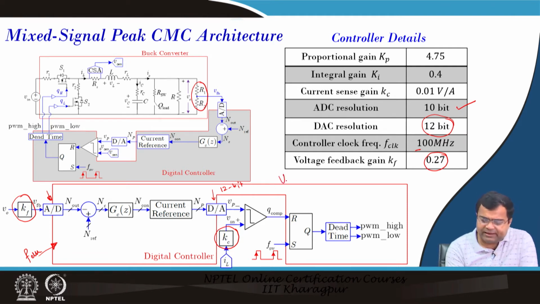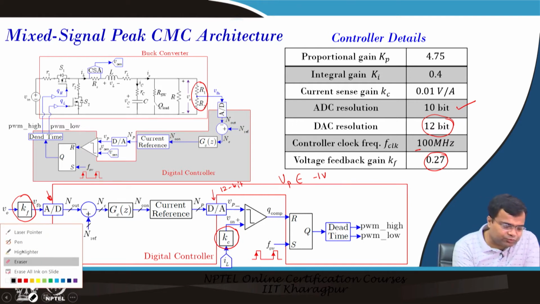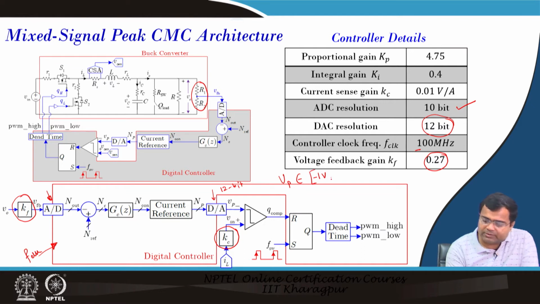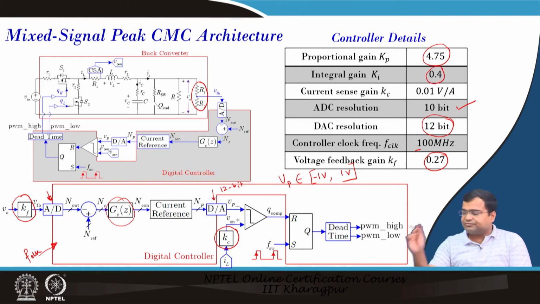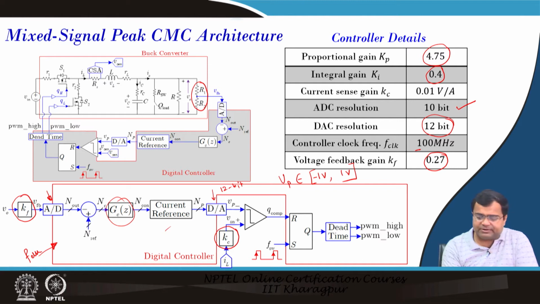The DAC Vp can vary between -1 volt and 1 volt, with the limits included. We have considered a PI controller where the proportional gain is 4.75 and the integral gain is 0.4. We discussed the current reference and all these details in the previous lecture.